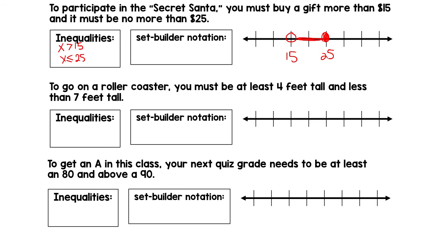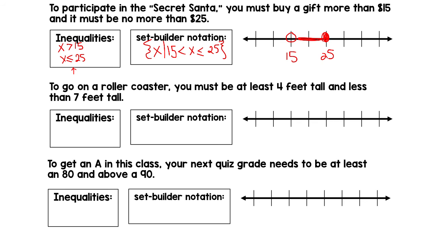Set builder notation, remember, our smallest number, variable, biggest number, same signs as we had in our original problem. And that's the solution.